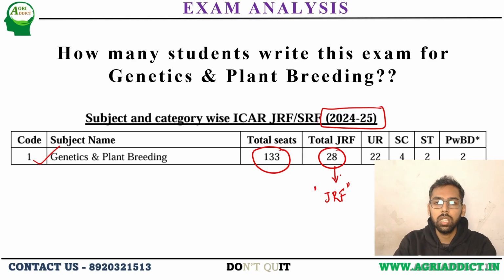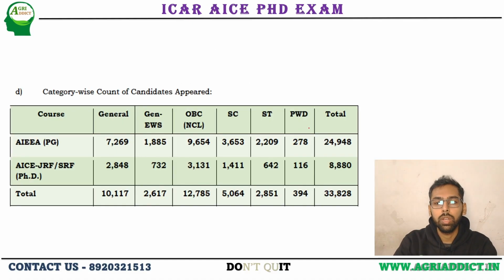Now we will see how many students are writing this ICAR PhD examination in total. In total, there are 8,880 students who write the ICAR PhD examination on average per year.